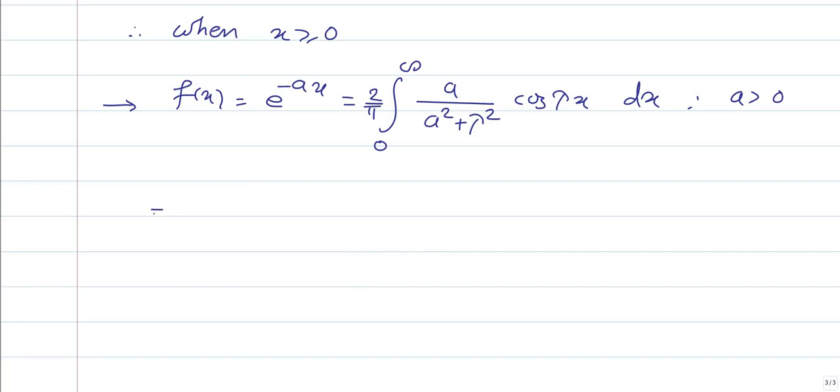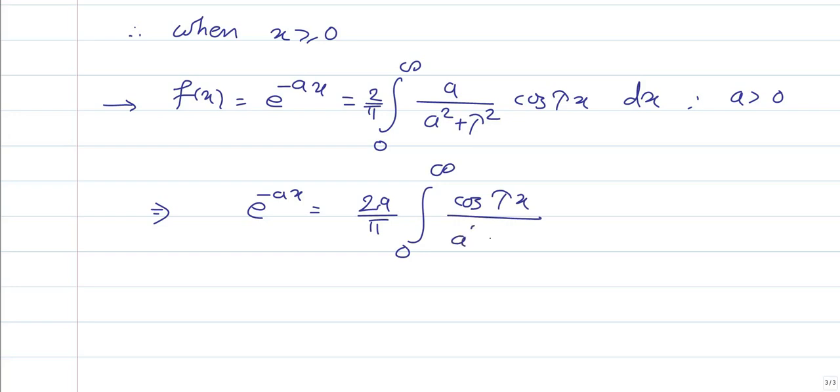So this implies, this is e raised to minus ax, you can take this a outside, a upon pi integration from 0 to infinity cos of lambda x divided by a square plus lambda square into d lambda. There is one more correction here, this is integration with respect to lambda.